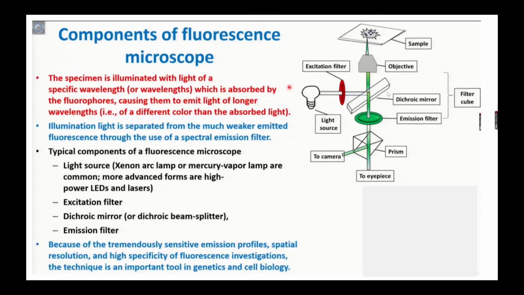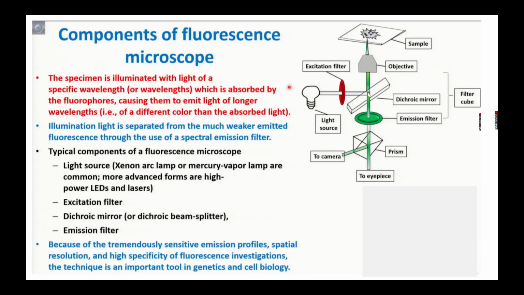Here the light comes from the light source and passes through the excitation filter, then goes to the dichroic mirror. The dichroic mirror reflects the excitation light toward the specimen, but when the specimen emits light, the dichroic mirror only allows the light coming from the emission to pass.